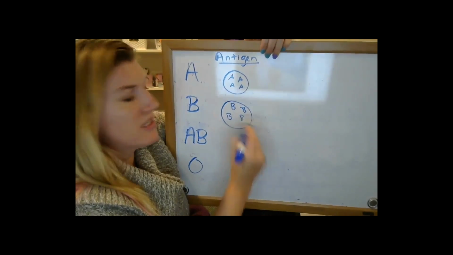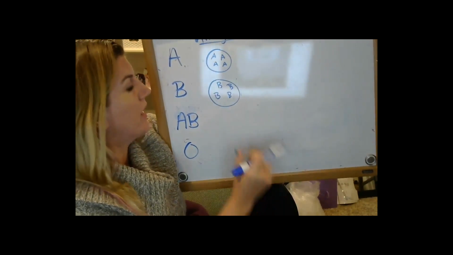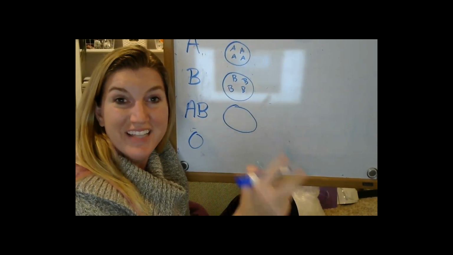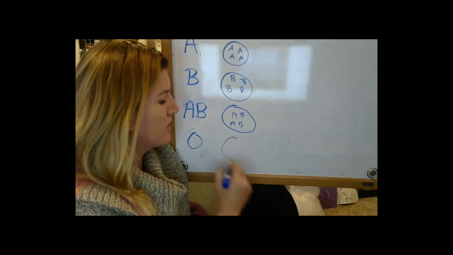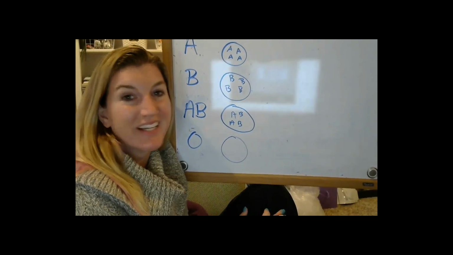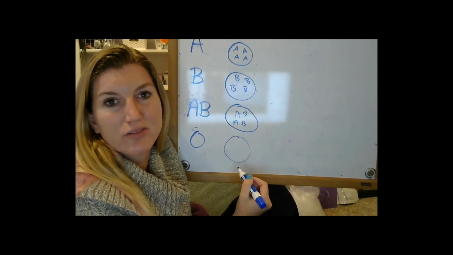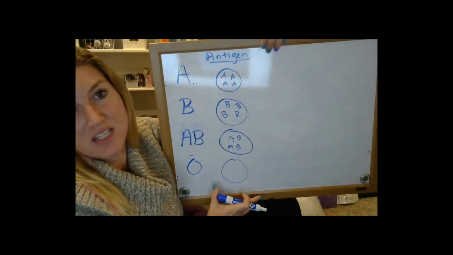An antigen is a marker or a special extracellular protein. AB blood, guess what that has on it? A's and B's. And guess what O blood has? It doesn't have O antigens. It has nothing. It's like the naked cell right here. So those are the antigens that are on these types of blood.